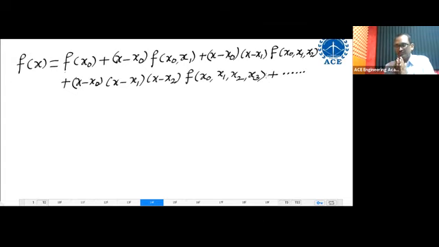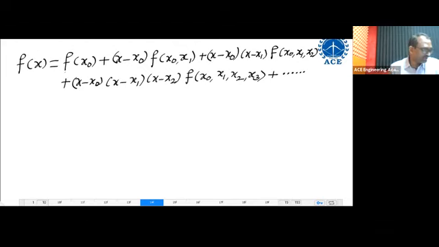Suppose you are asked to find a linear approximation, then you need to find up to the second term. Suppose you are asked to find a quadratic approximation, find up to the third term. Don't worry, I will show you how to find x0, x1 in the same f of x. Don't worry how to calculate.